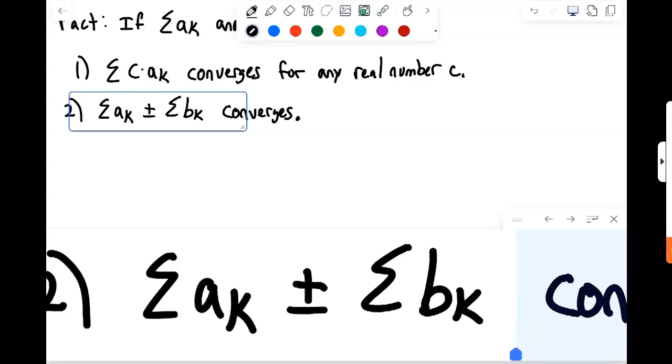Now we won't necessarily know what something converges to, but we will be able to check to see if it converges.